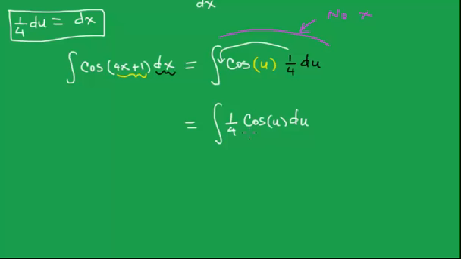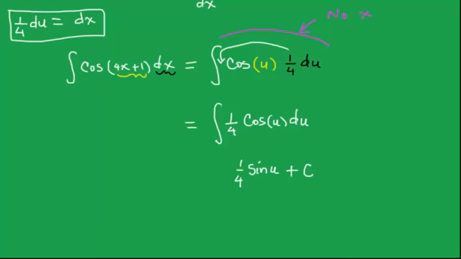We know the antiderivative of cosine of u is sine of u, and since it multiplies 1 over 4, I'm just going to have 1 over 4 sine of u. You can verify that if you take the derivative of 1/4 sine of u, you get exactly 1/4 cosine of u. And of course, we don't forget the constant of integration, c. So that's what we get.